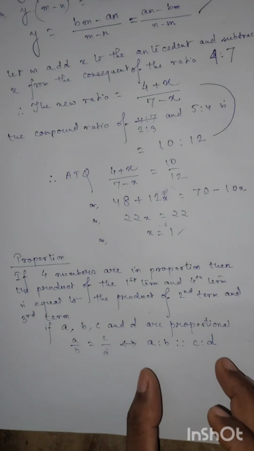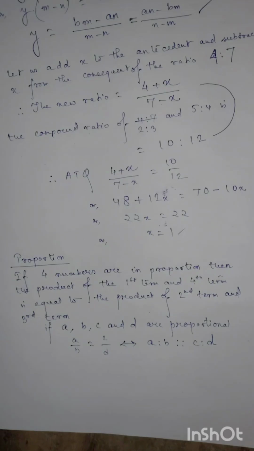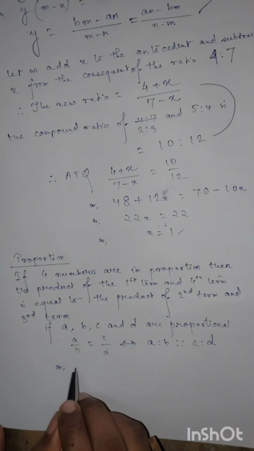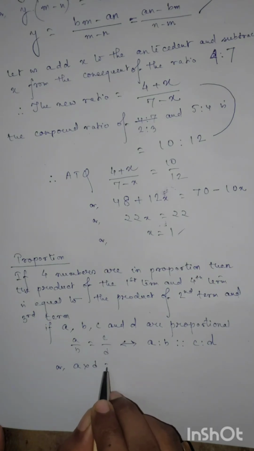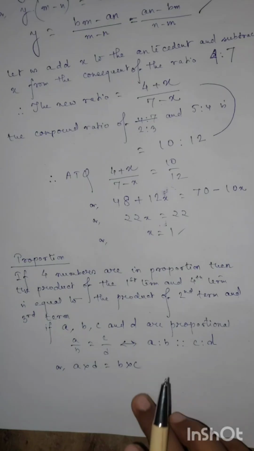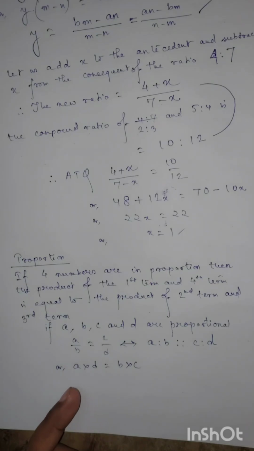So this thing means this. Now if we cross multiply, we get A into D is equal to B into C. This is what we have written. The product of extreme terms is equal to the product of middle terms.